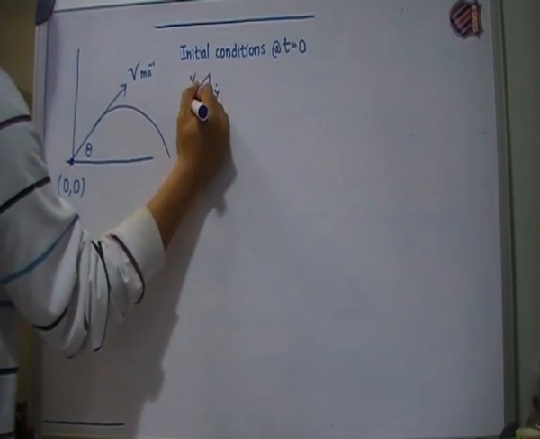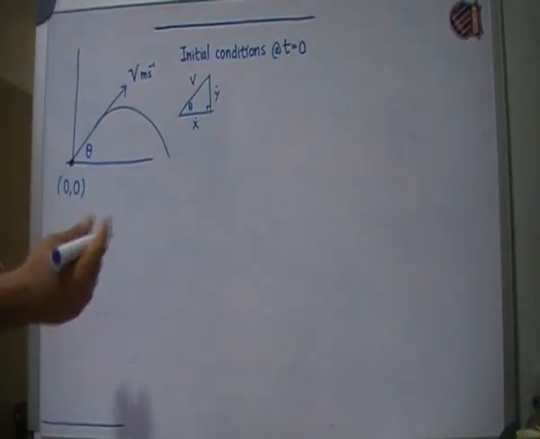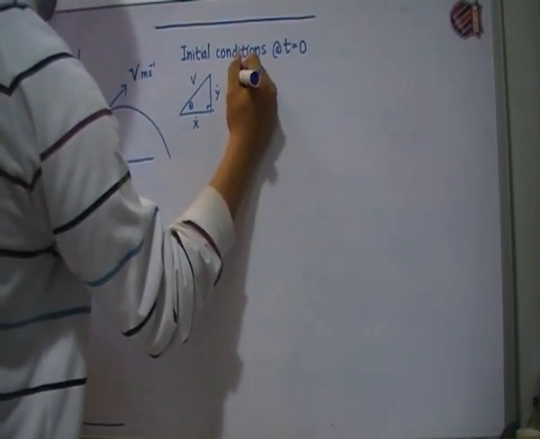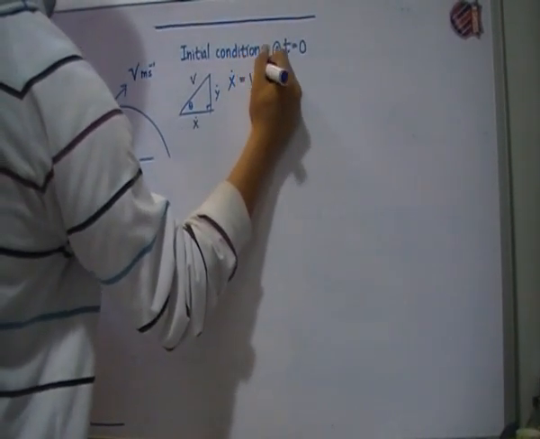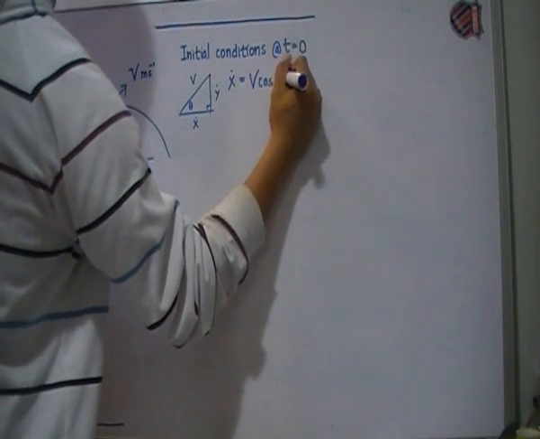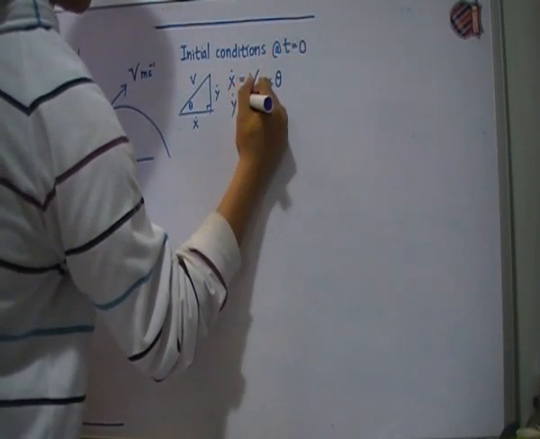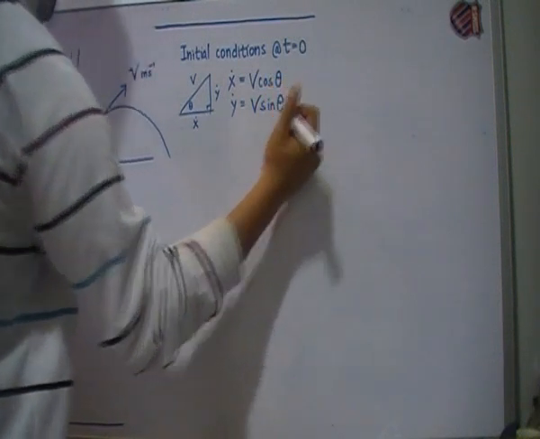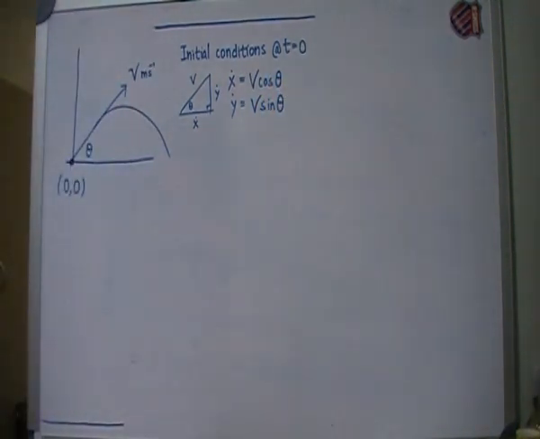Using your year 9 SOHCAHTOA trigonometry, you can get that your initial x dot is v cos theta, and your y dot is v sine theta. So, initial conditions you would need to write up.